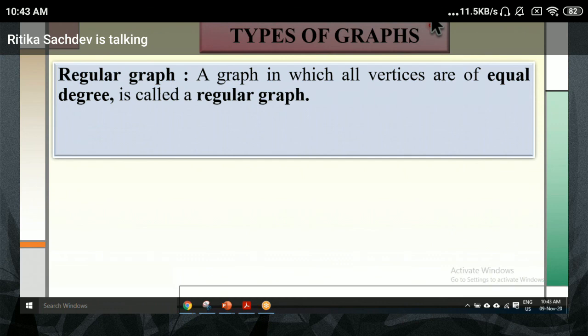If we have 5 vertices and the degree of every vertex is 3, we call it a 3 regular graph. If we have 5 vertices and every vertex is connected to 4 vertices, we will call it a 4 regular graph. And we have also seen that in a complete graph K5 every vertex is connected to the remaining 4 vertices. So K5 is called a 4 regular graph.